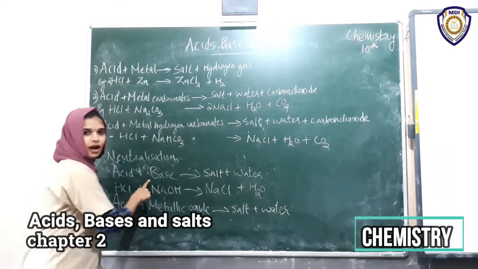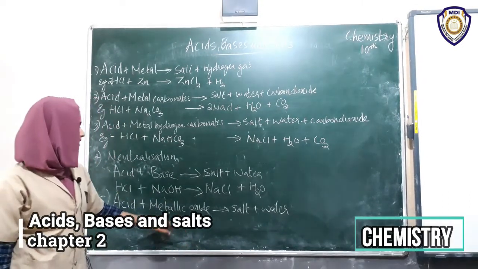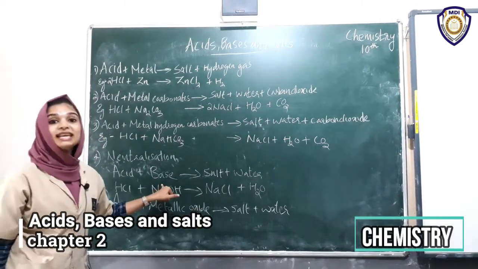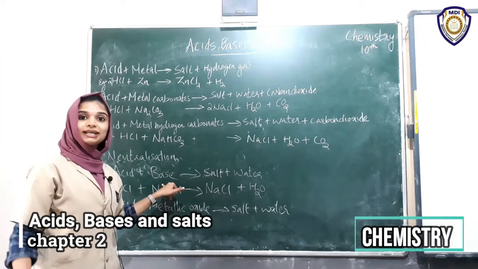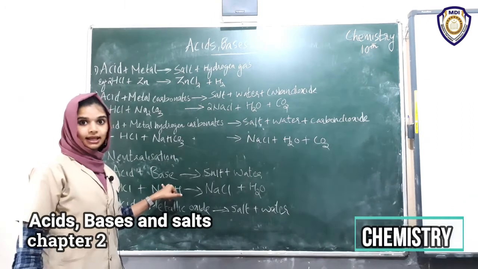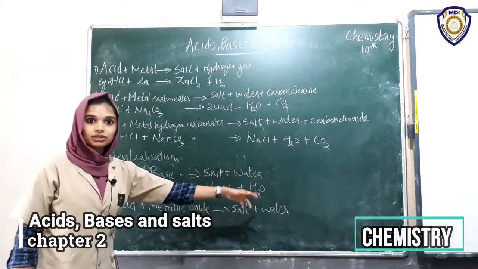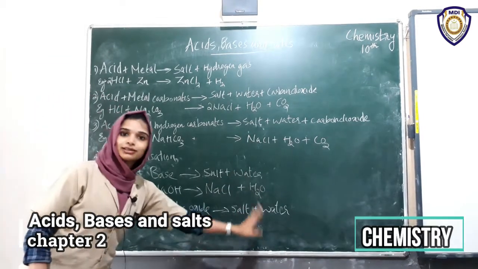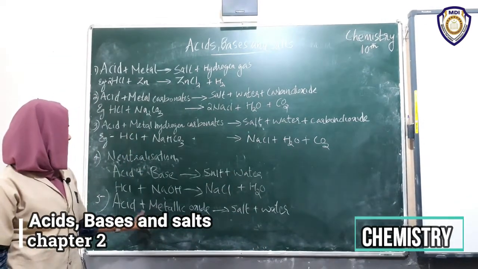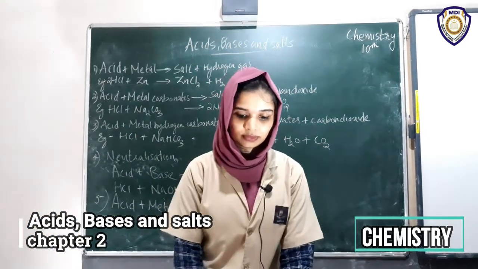So we can infer that metallic oxide has basic character, or metallic oxide is a base. When acid and base combine, salt and water are formed, and here also salt and water are formed. So we can infer that metallic oxide has basic character.